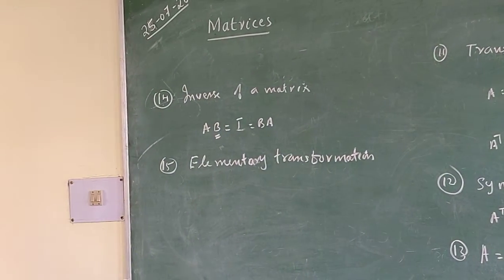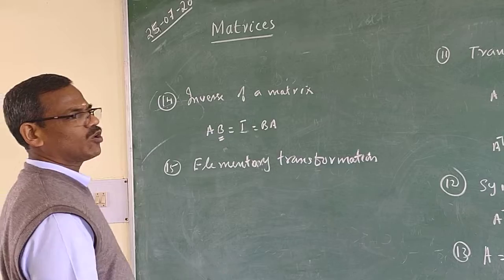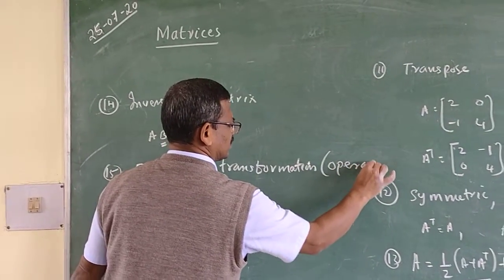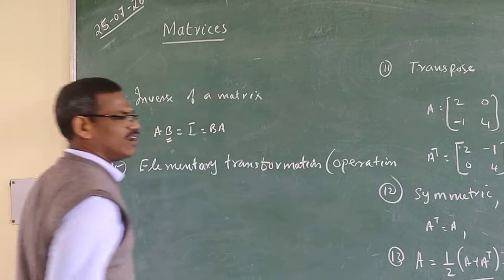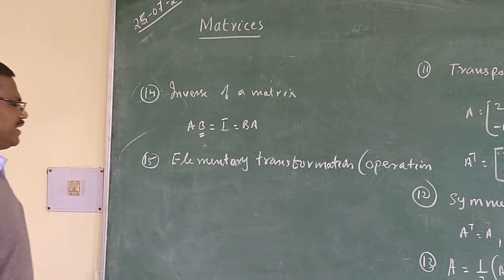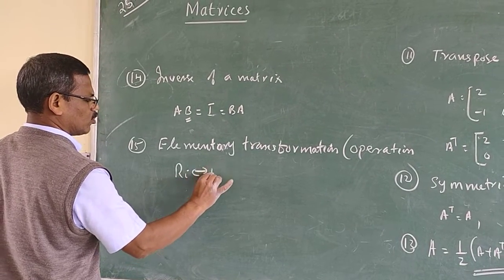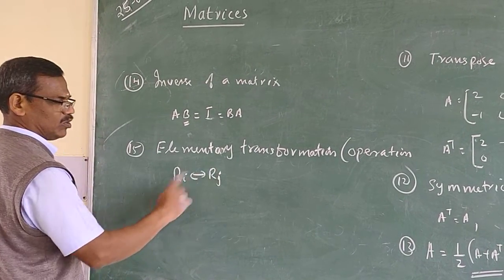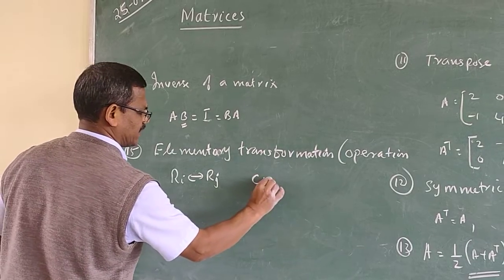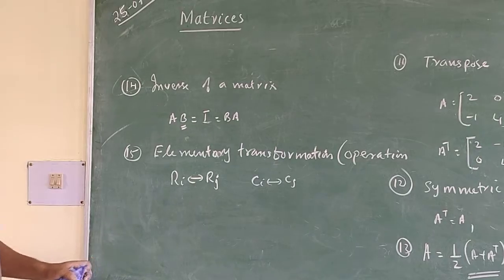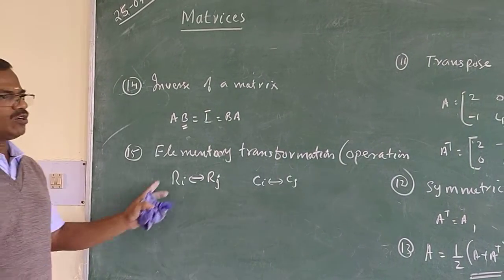There are three elementary operations, transformation or operation, both are the same. The first is the interchange of two rows or two columns.